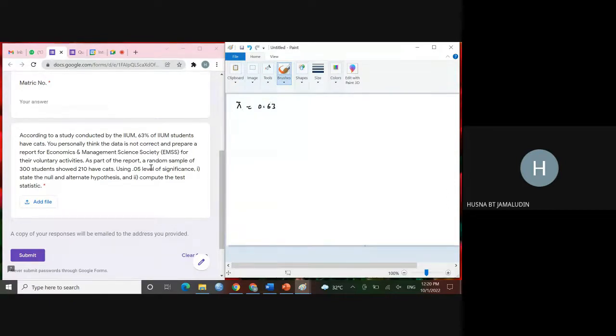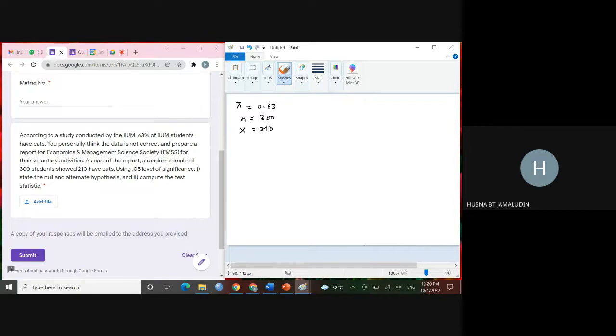As part of the reports, a random sample of 300 students showed 210 have cats. So what is this 300? Wow, okay, cool. And then 210 is what? X. Yes, this is your observation.